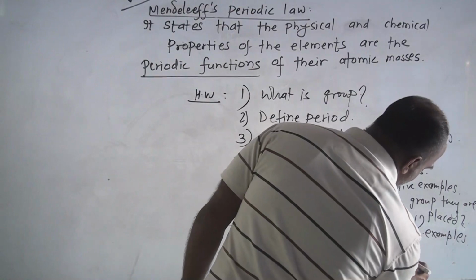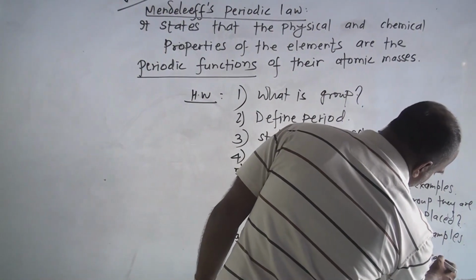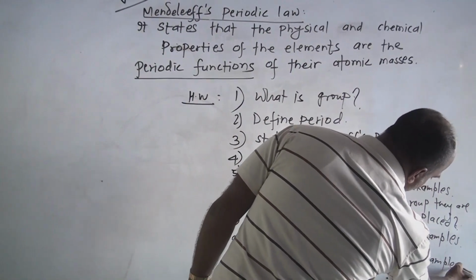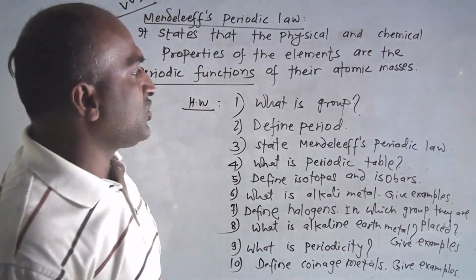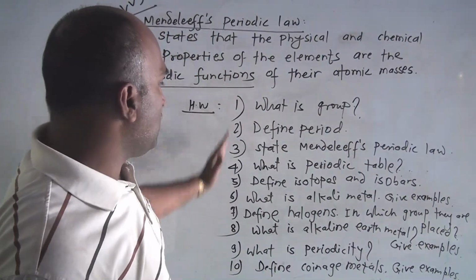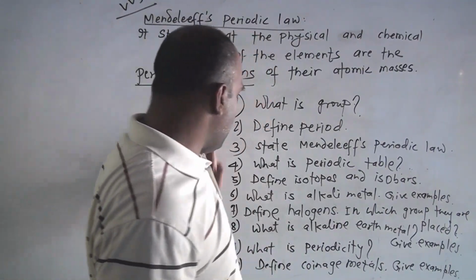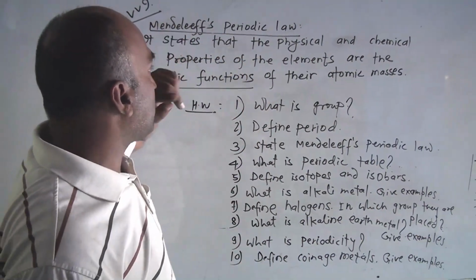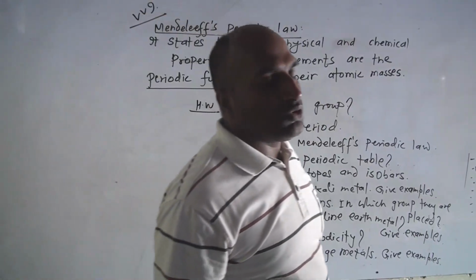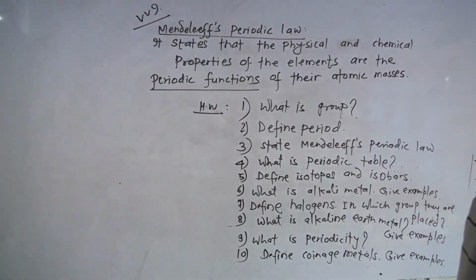Give examples. In this way, by studying this topic, students can do this homework, and in the next class I will first explain these terms, and then I will explain Mendeleev's periodic table in detail. Thank you.